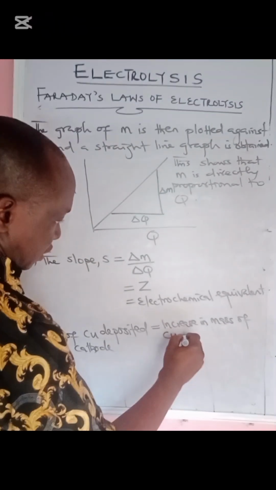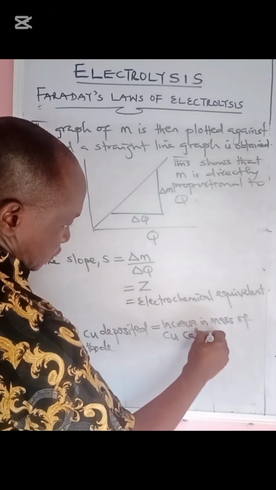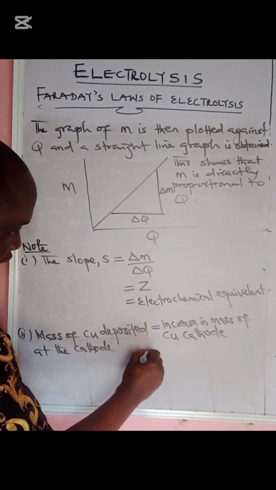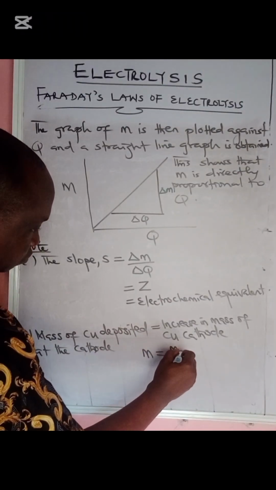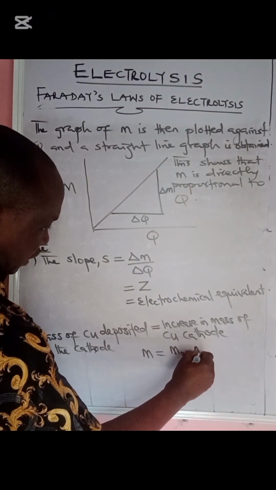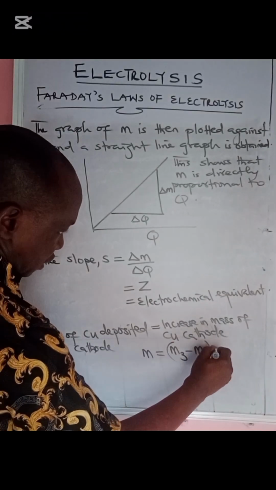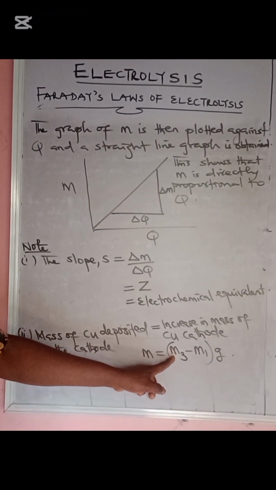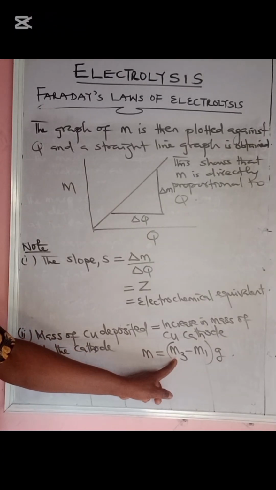Take note of that. So here we represent M equals M3 minus M1 gram. This is the mass of cathode after electrolysis minus mass of cathode before electrolysis. Please take note of it.